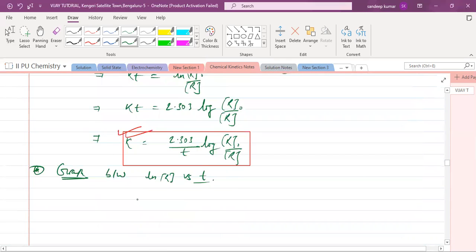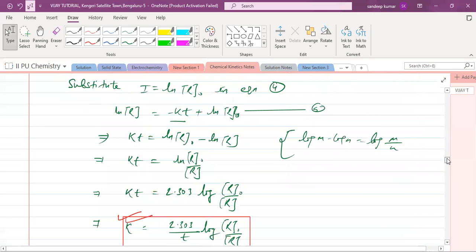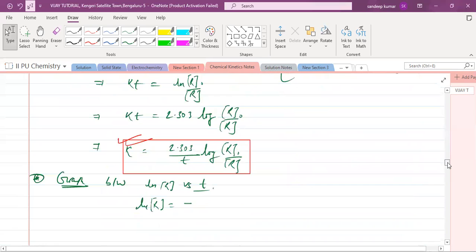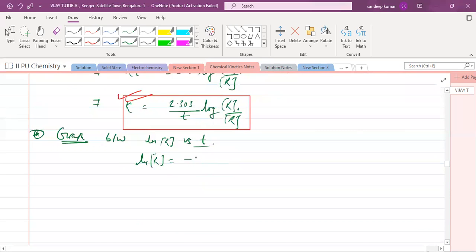From equation 5, ln R is equal to minus kt plus ln of R0.